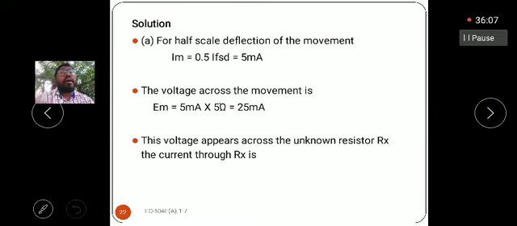For half scale deflection of the movement, Im is equal to 0.5 of the full scale deflection, that is 5 milliamps.